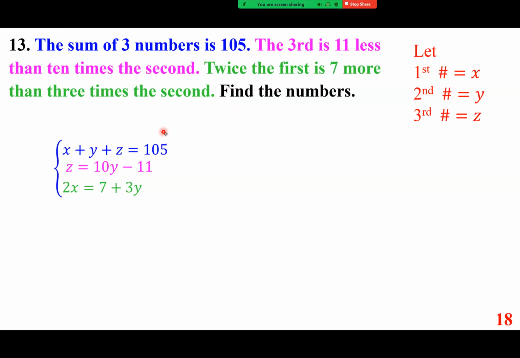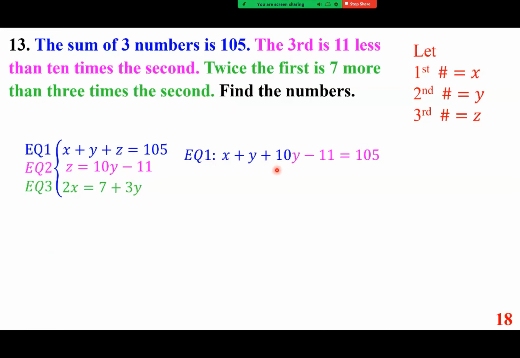So the equation X plus Y plus Z is 105. I noticed the last one has X and Y. The first one has everything, and this one has Z and Y. So I can replace the Z with 10Y minus 11. This is equation 1, equation 2, equation 3 again.